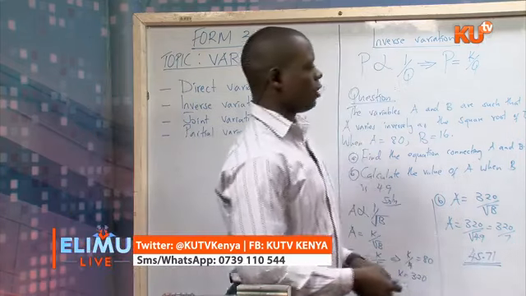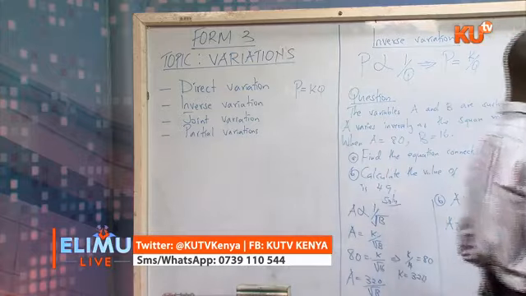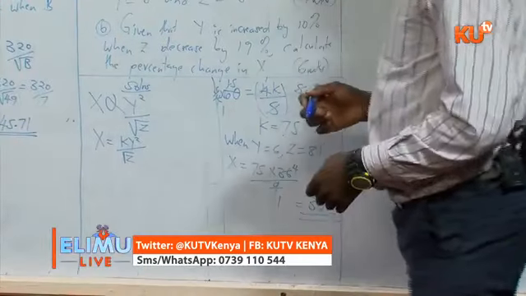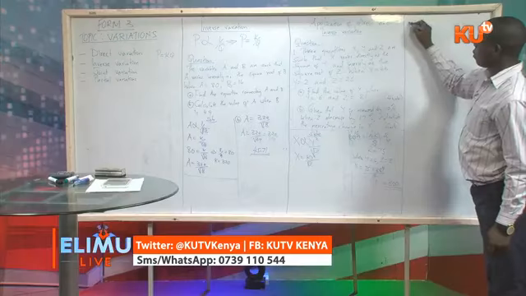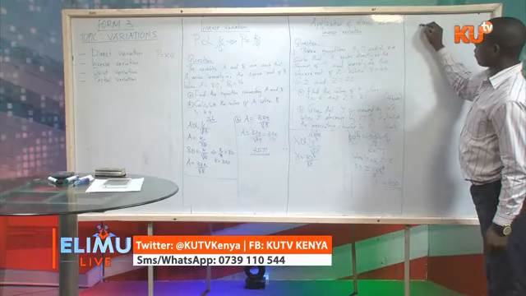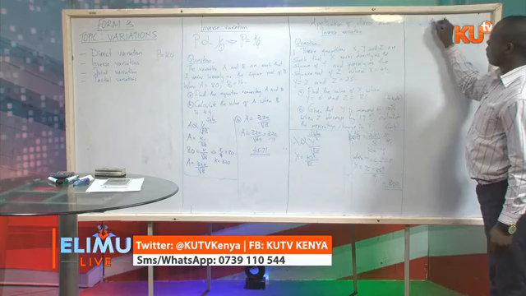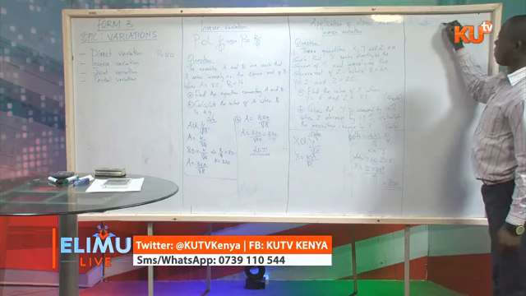Part B, we are told now that y is increased. In this case, we have to understand that there is need for us to know what was the initial value of x.